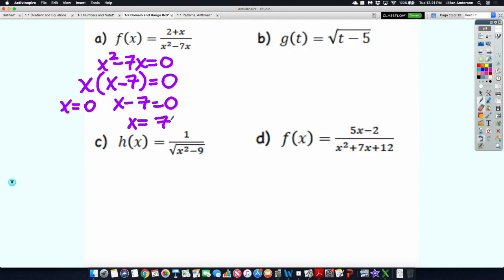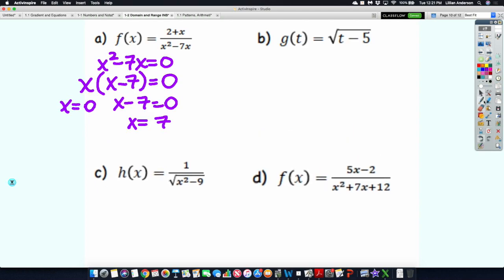The easiest way, in my opinion, to write this is in set notation, because once you've gotten to this point, all you have to do is write it out. So how do I write this in set notation?